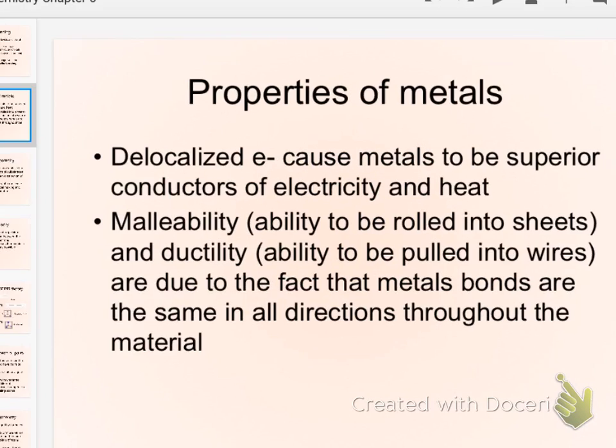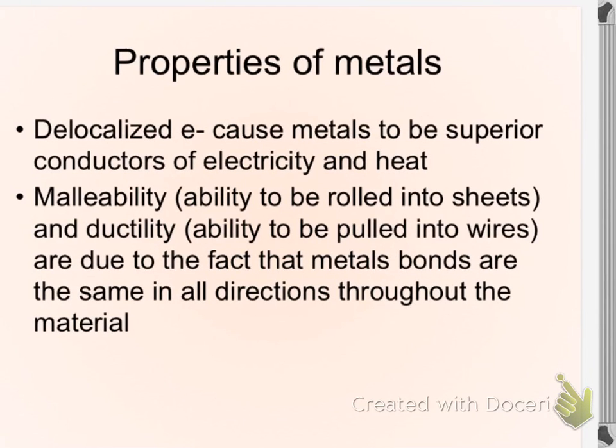So it also allows them to be good conductors, because what do you got? You got a bunch of electrons that are free to move around the whole compound.